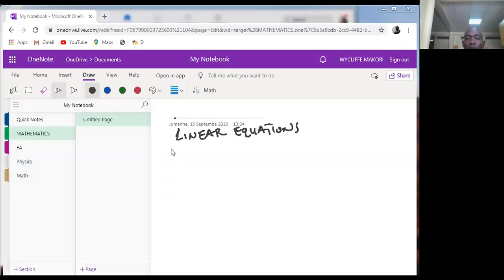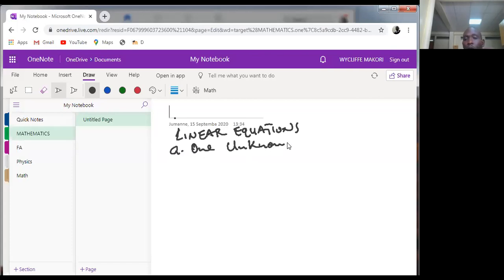In our class today, we are going to discuss linear equations. Linear equations are equations that involve either A, one unknown, or B, two unknowns.